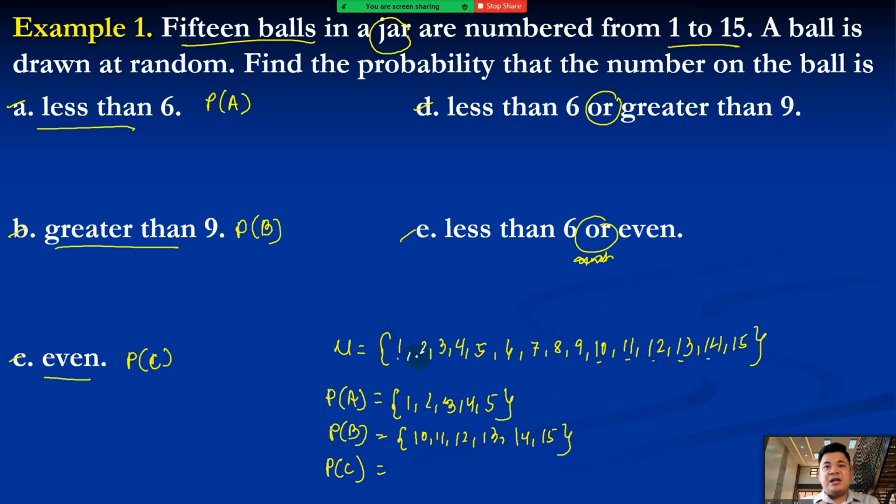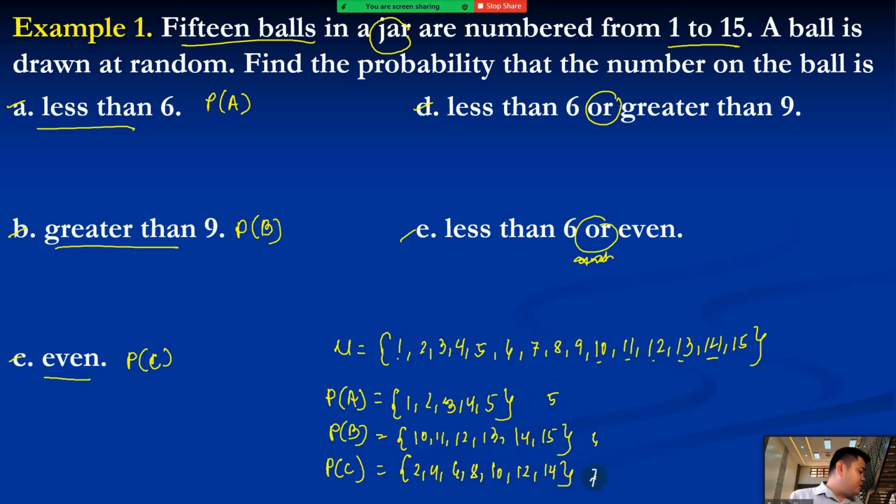So let's talk about the even numbers: 2, 4, 6, 8, 10, 12, 14. How many are the elements in event A? We have 5. In event B, we have 6. And in event C, we have 7.